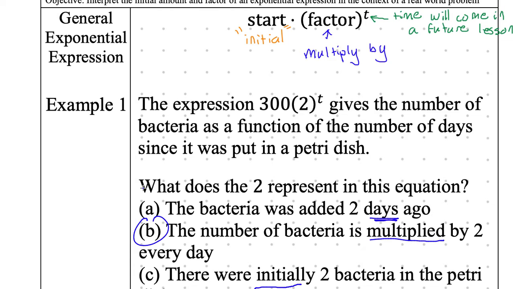Plus the power gives you the number of days. Yeah. Okay, so you've analyzed that very thoroughly. That's the initial, that's what I multiply by, and that's the time, which we're not really given. Yeah, perfect. So 2 is exactly the thing that we're multiplying by. The correct answer is indeed B.